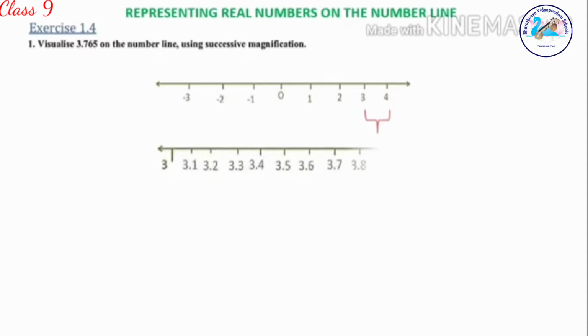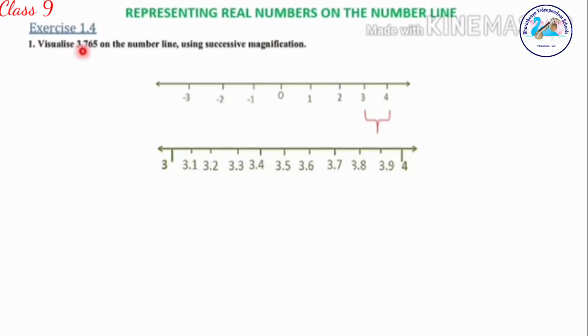So let's represent these 3 and 4 only, and we will divide between 3 and 4 into 10 divisions: 1, 2, 3, 4, 5, 6, 7, 8, 9 and 10 divisions. It is quite clear that between 3 and 4, if we have 10 divisions, the first part is 3.1 and the second one is 3.2, 3.3, 3.4, 3.5, 3.6, 3.7, 3.8, 3.9 and finally 4.